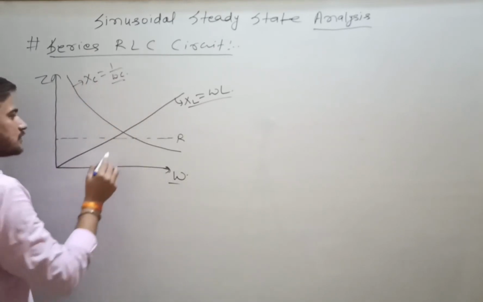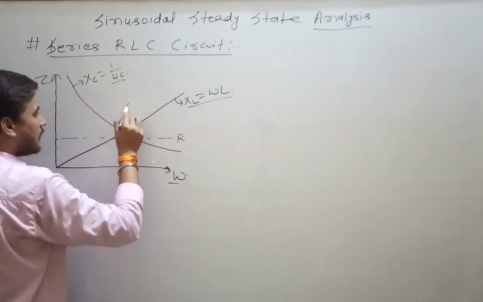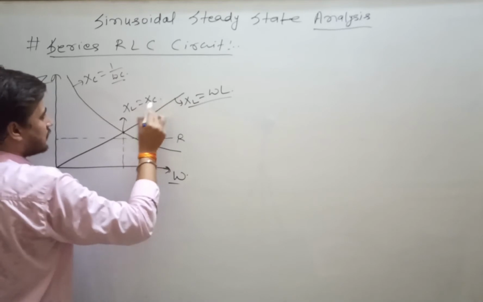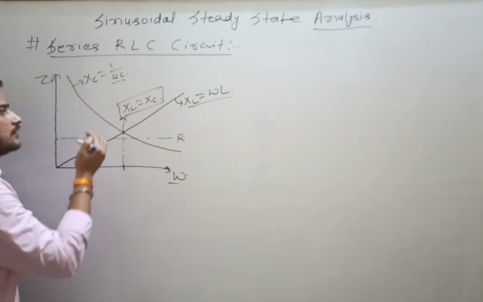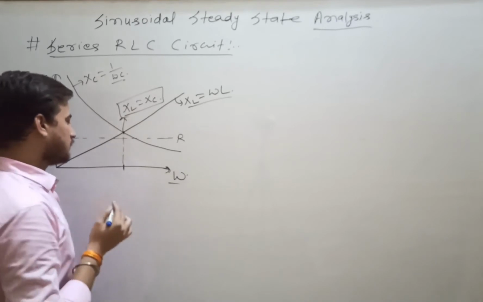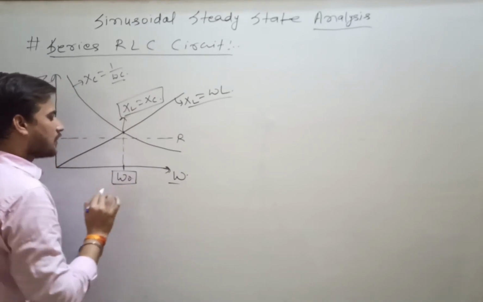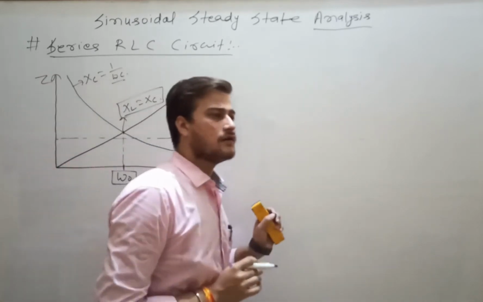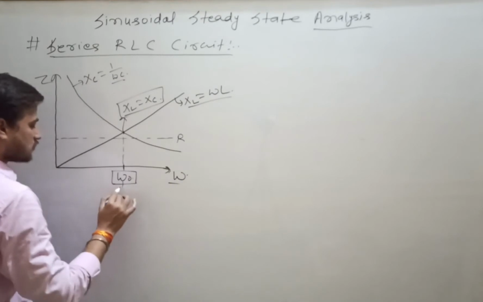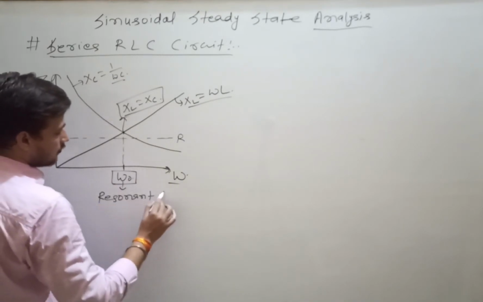So now there is a point where XL is equal to XC. This point is called the point of resonance, and the frequency of this resonance is represented by omega naught. This frequency is called resonant frequency.